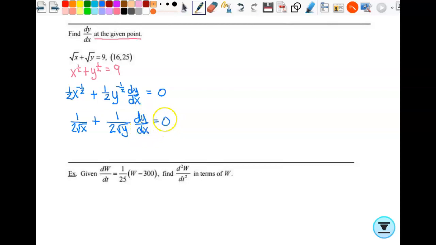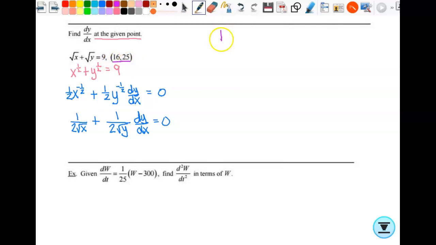And that equals 0. So I have two options. I could solve for dy/dx, even though it doesn't ask me what dy/dx is, it asks me what is dy/dx at the given point. So I can choose to, at this point in my work, go ahead and substitute that in.